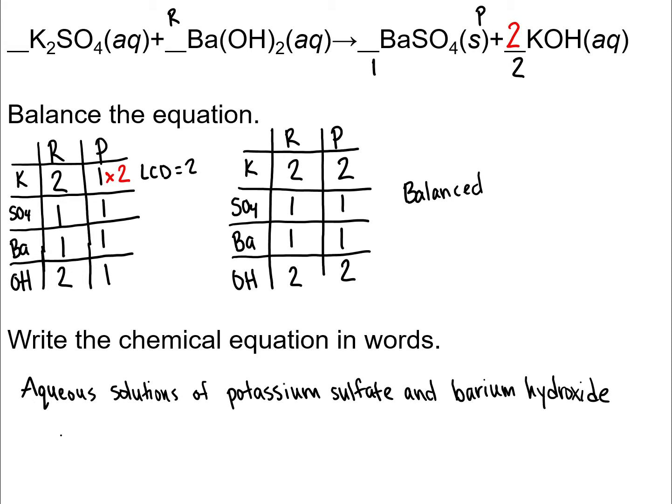Now we need to write about the arrow. And all we're doing is mixing two solutions together. So you can say aqueous solutions of potassium sulfate and barium hydroxide are mixed to yield, or produce or give, whatever verb you like. Then you go on and talk about your products.